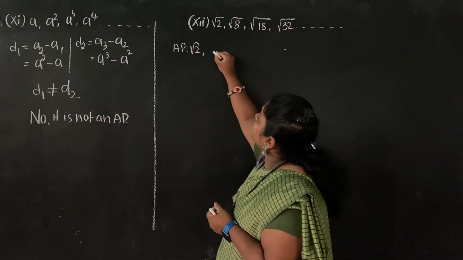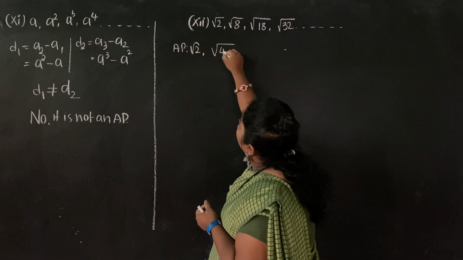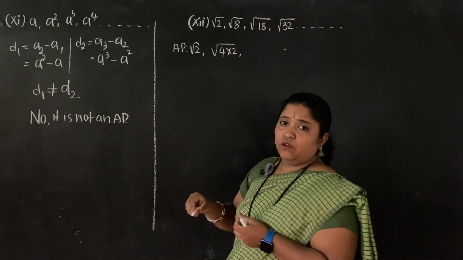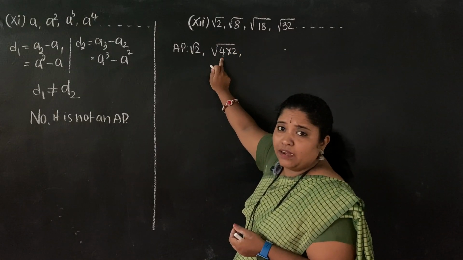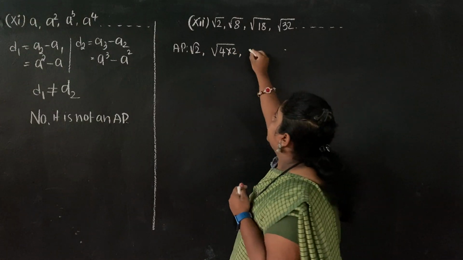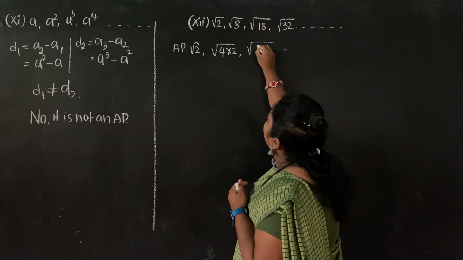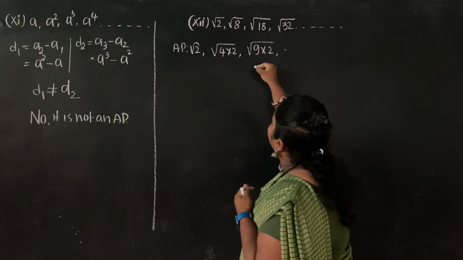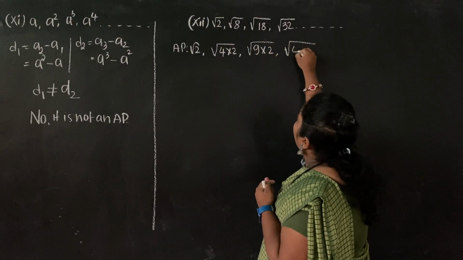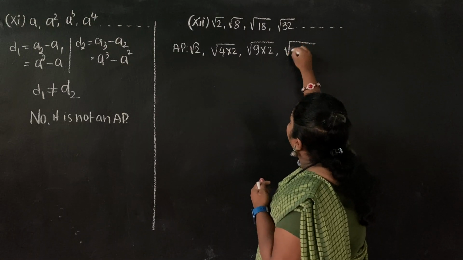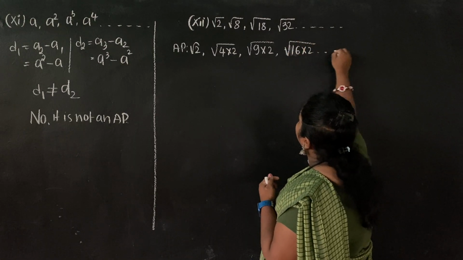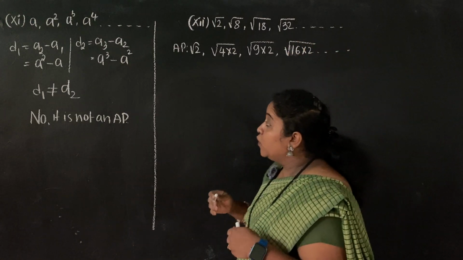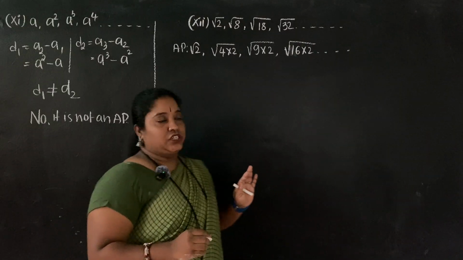Dear, can I write root 8 as 4 into 2? Yes or no? Where 4 is a perfect square number. Like that you need to split it out. Now you only tell me, how can I write 18 as 9 into 2, and 32 as? Yes or no, dear? 32 can be written as 16 into 2. This is how you need to simplify the question. Understanding?